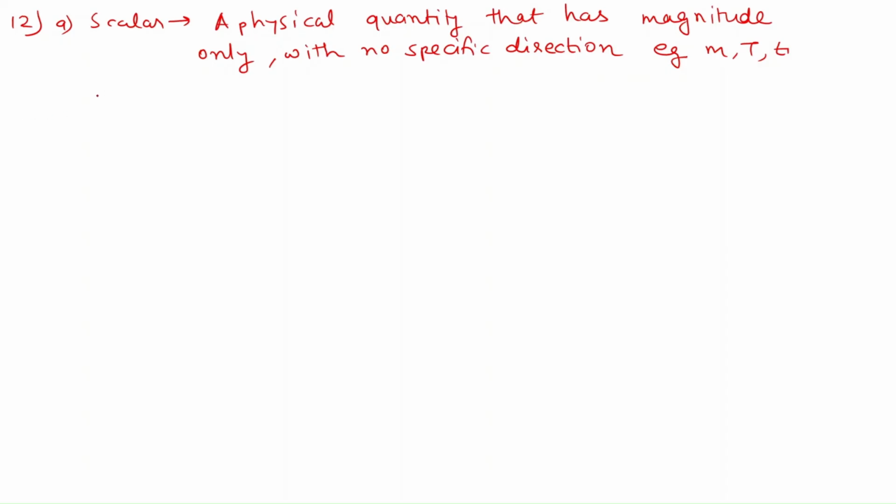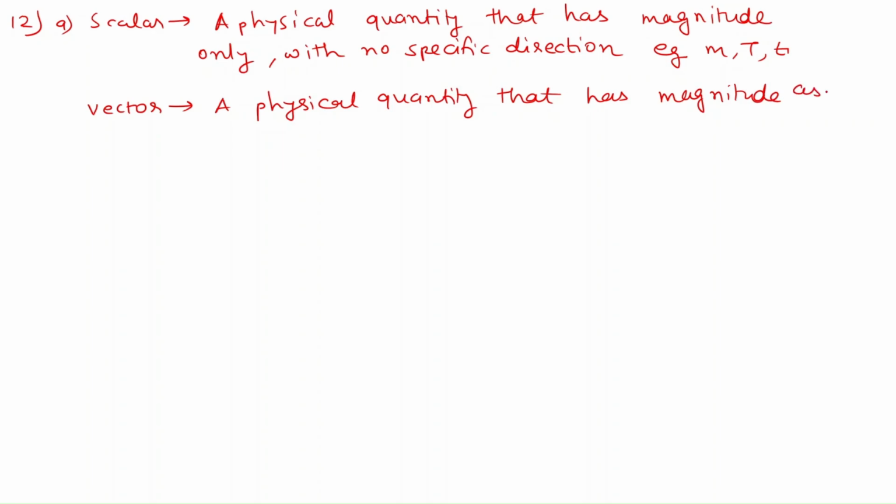Okay. On the other hand, vector. The definition is a physical quantity that has magnitude as well as direction.